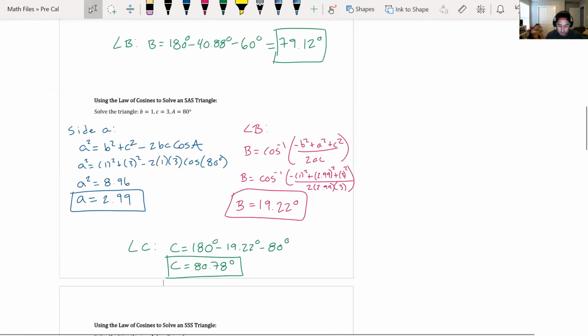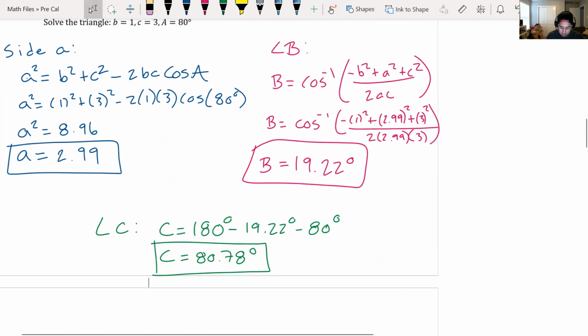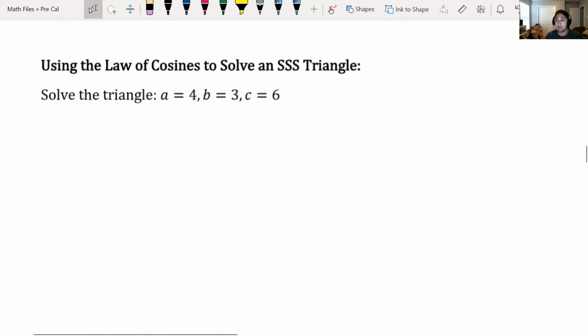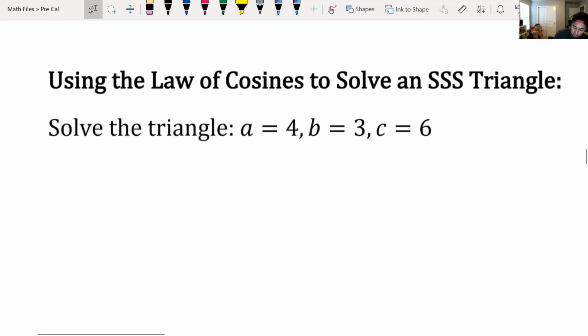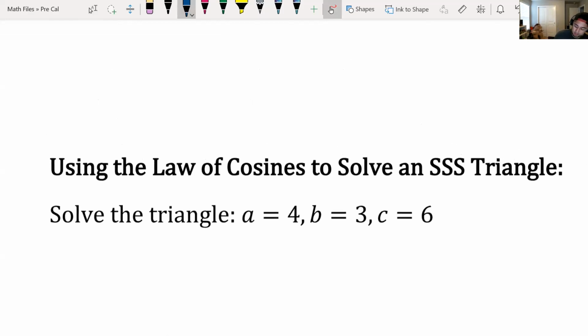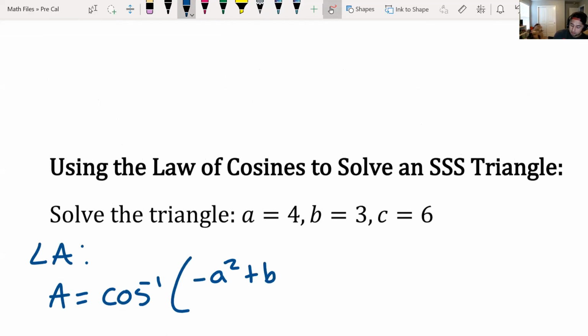All right. So those were side angle sides. Now this is side, side, sides. So we're given A, B, and C, which means we have to find angles A, B, and C. So that's where we'll start. So for angle A, A is given by the inverse cosine of negative A squared plus B squared plus C squared over 2BC.